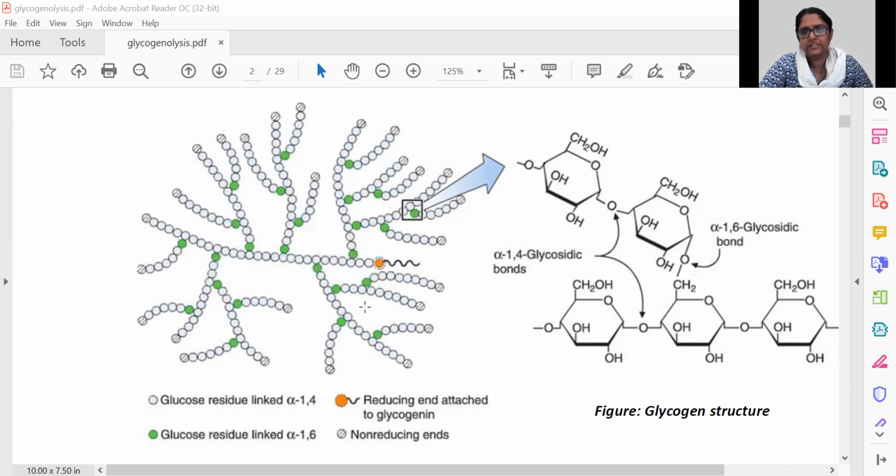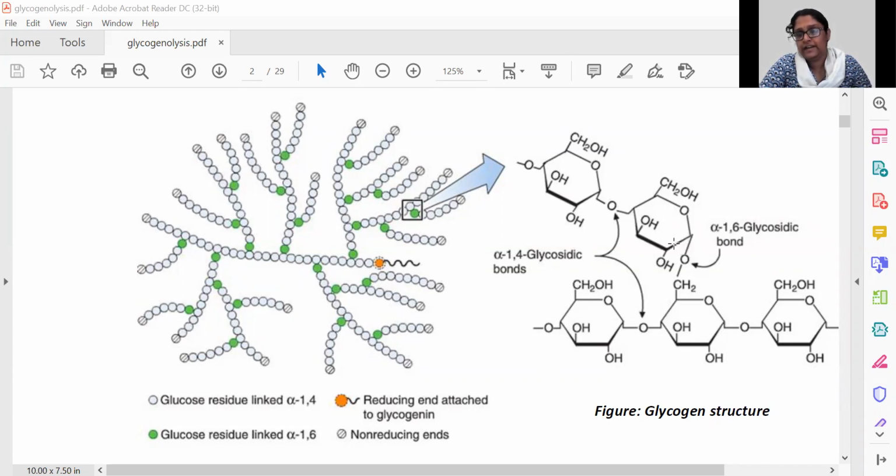Now, what these alpha 1,4 and alpha 1,6 are: you might have studied the numbering of the carbon atoms in glucose. This is 1 and this is 4.